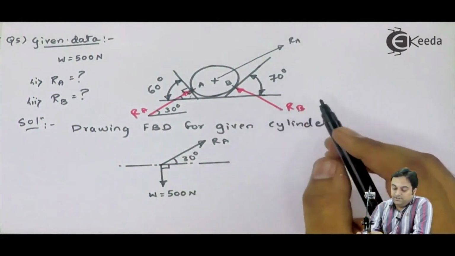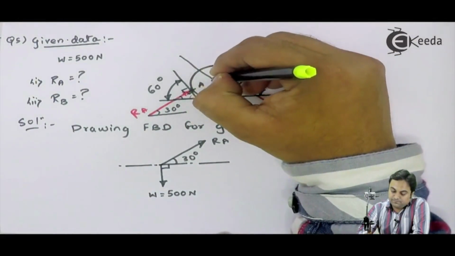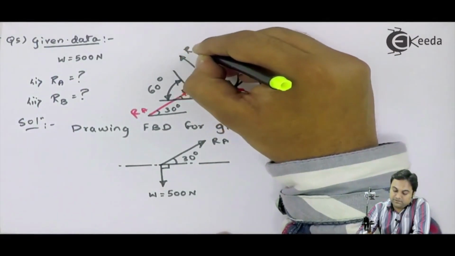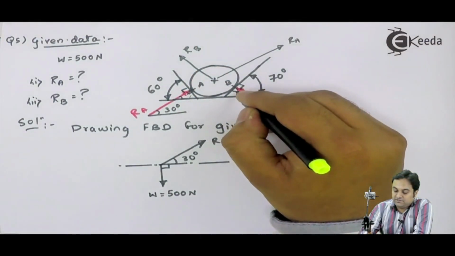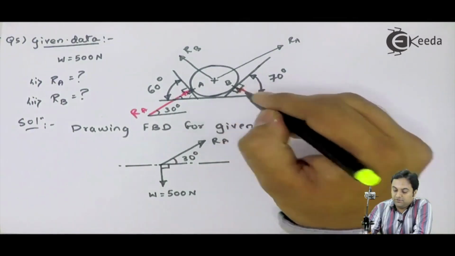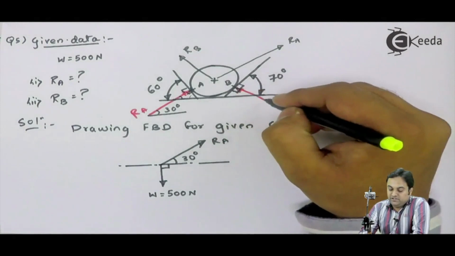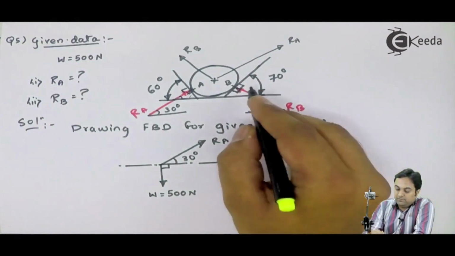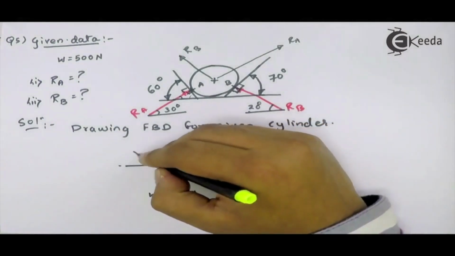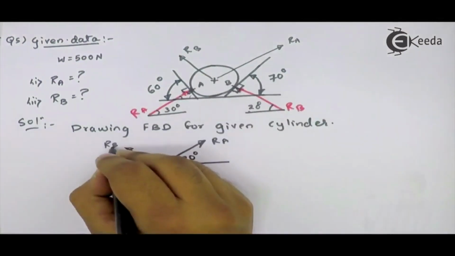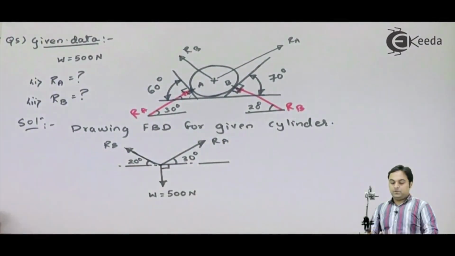Then RB, if I extend this, that's RB. Now with the surface, it is perpendicular, the reaction. Here I have angle as 70, so the remaining angle with horizontal will be 90 minus 70, that gives me 20 degree. The reaction at B at 20 degree.